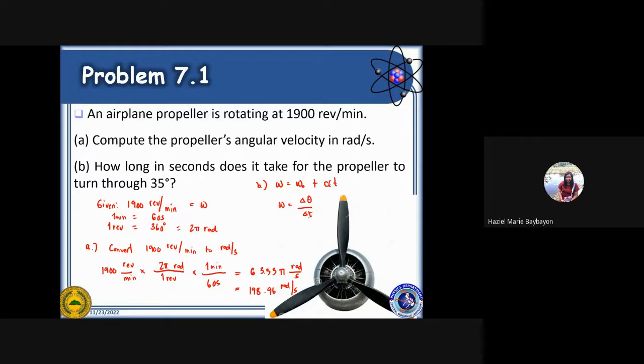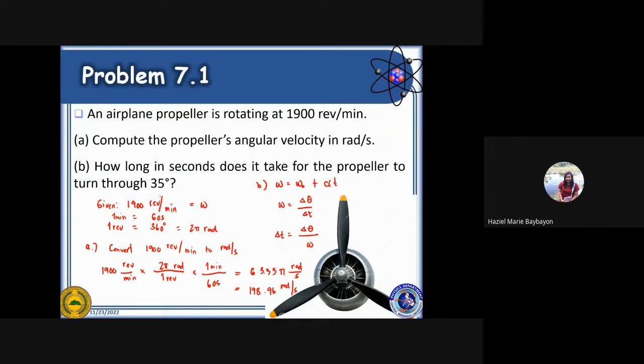Okay, so atong pangitaon is time. So delta t equals delta theta divided by omega. Okay. Now, gihatag na tada og delta theta. So, wala ta gihatagi og theta final o theta initial. Ang gihatag sa atoa diretso is katong change in theta.